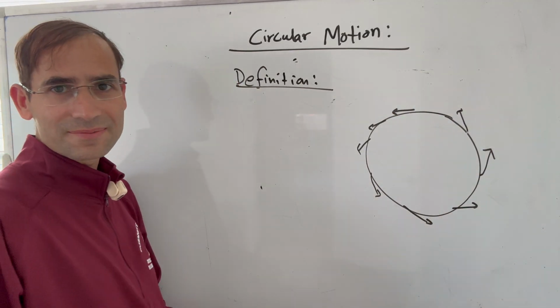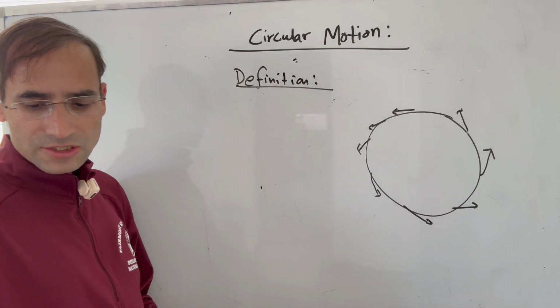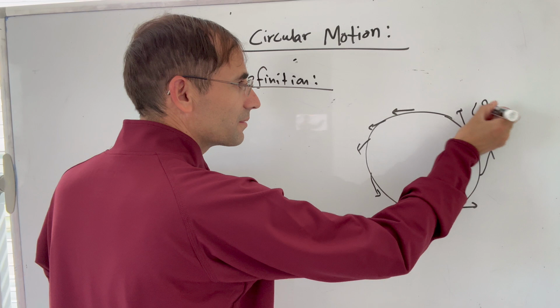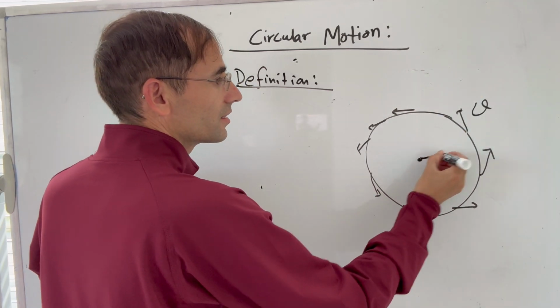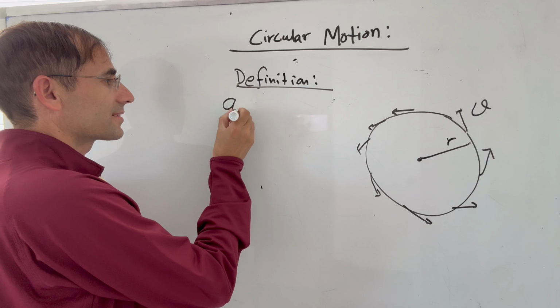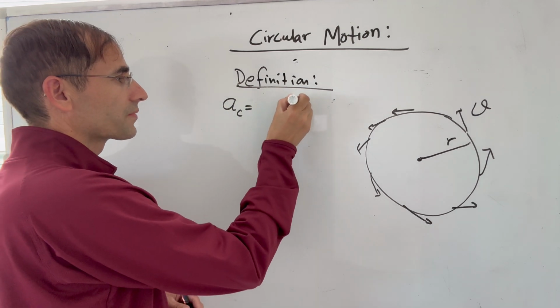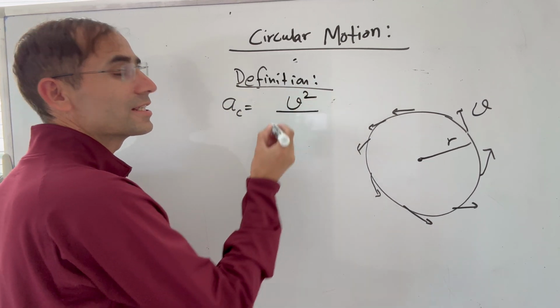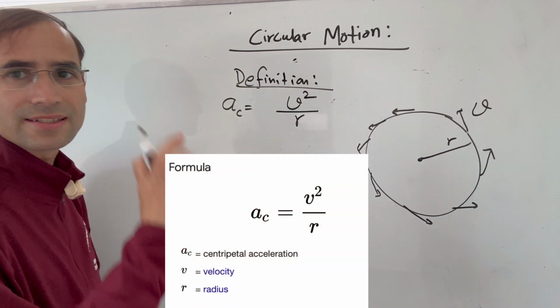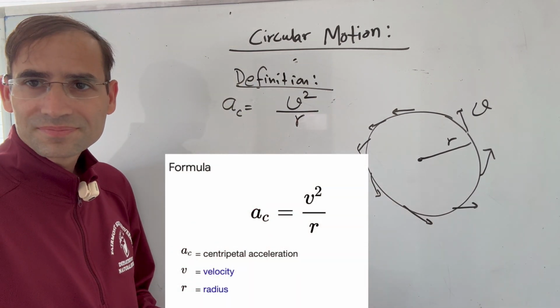So if an object goes with constant speed v in a circular path with radius r, then the centripetal acceleration is always equal to the speed squared, v squared, divided by the radius of the circular path.